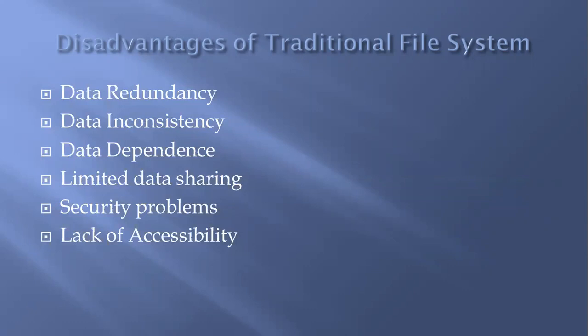Data inconsistency: the same data items that appear in more than one file do not get updated simultaneously in each and every file. Then we have data dependency: programs and applications in file processing systems are data dependent, and the program is incompatible with the file format.